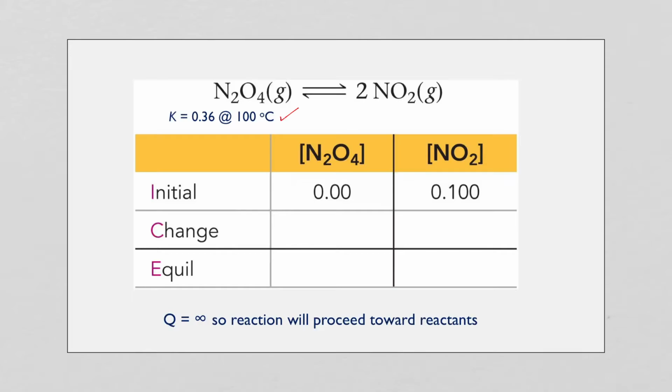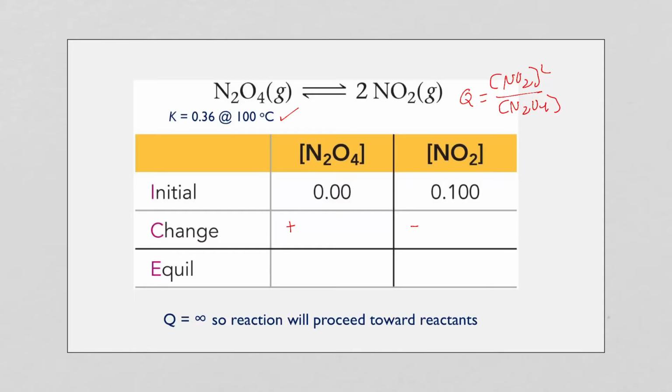Mathematically, if we were to plug this in, Q would equal NO2 squared over N2O4, and this would give us division by 0, or value infinity, and of course that tells me that I'm going to move toward reactants, which again we can see just by knowing that we don't have any reactants, so we have to move that way.